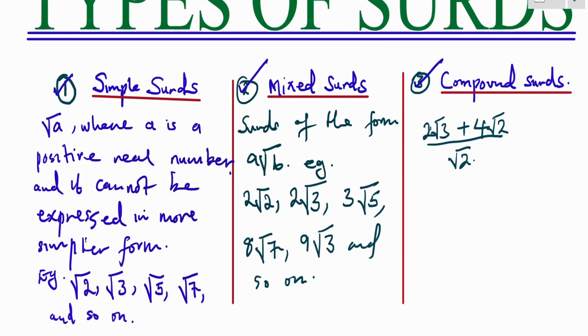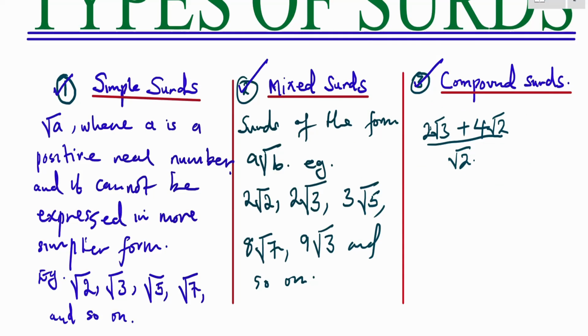It can have the mixed surd in it, like the way you can see. It can have the simple surd, like these two. If we simplify the whole of it as one compound surd, we can either get the mixed surd or the simple surds out of this.